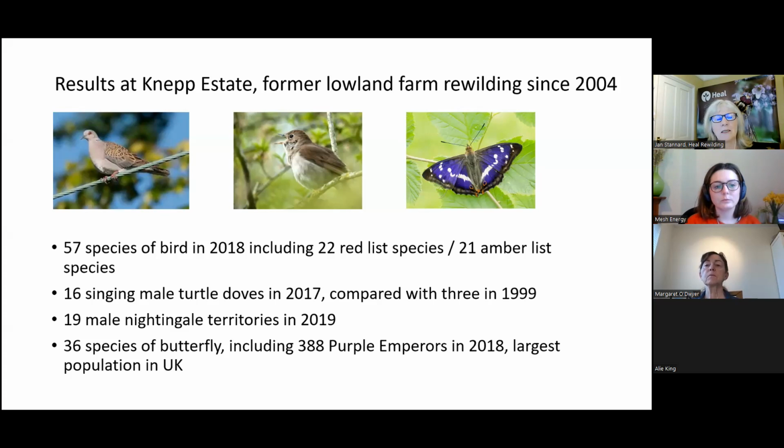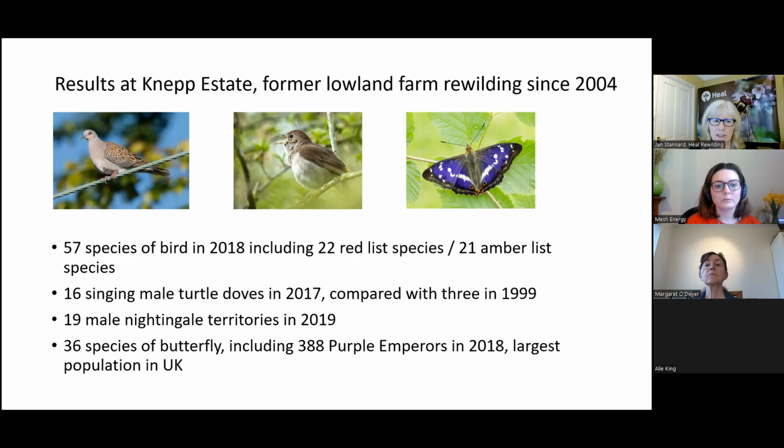And this place is very close to dual carriageways, it's close to Gatwick. It's got intensively farmed farmland all around it, but they stopped farming because their inputs were costing a fortune, and they stopped farming completely in 2004, and they have been a rewilding site.